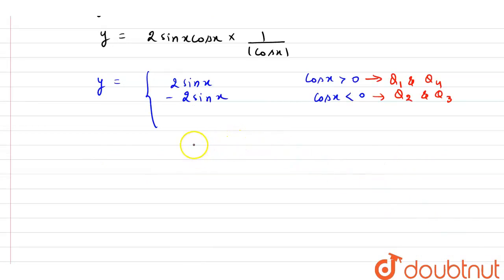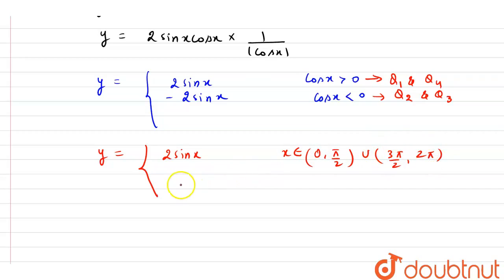So if we define the function once again, we have 2 sin x for x belonging to 0 to pi by 2 union 3 pi by 2 to 2 pi, since cos x is positive in the first and fourth quadrants. And minus 2 sin x if x belongs to the second quadrant, that is pi by 2 to pi, union pi to 3 pi by 2, that is the third quadrant, right?